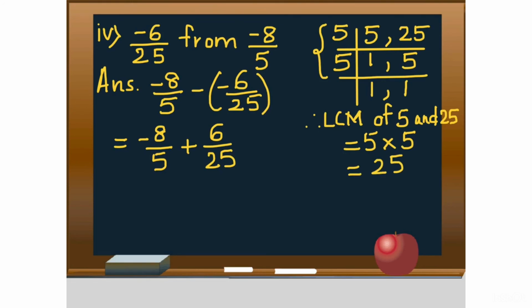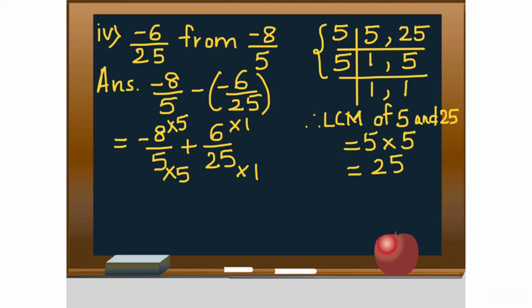Now we will make the denominators equal to the LCM, that is 25. In this rational number, we have 5 in the denominator. So we will multiply this by 5 to get 25. The same 5 we will multiply even with the numerator. In the second rational number, we have 25. So we will multiply this with 1 to get 25. The same 1 we will multiply even with the numerator.